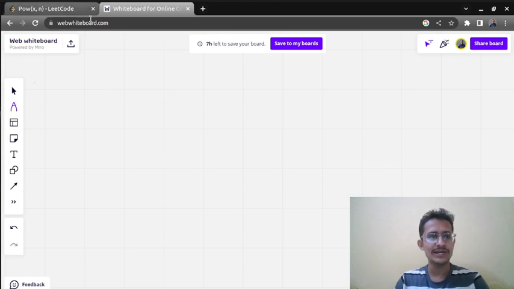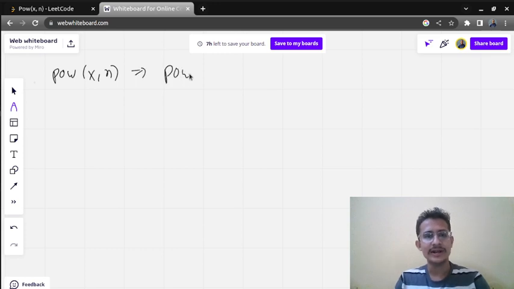Suppose the two variables are given, power x and n, and we need to find 2 to the power 4. Let's say instead of 4, let us take 6. So what you can do is, you can take a variable x and multiply this x how many times? 6 times. So we can run a for loop directly.